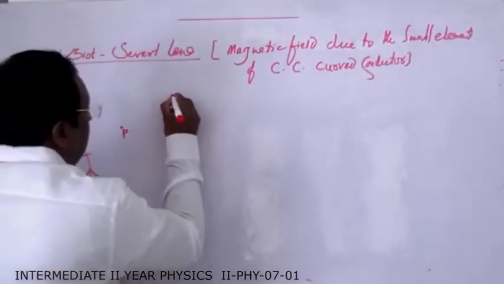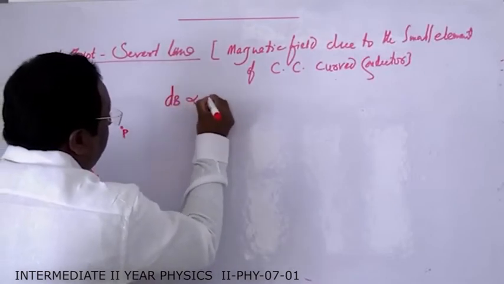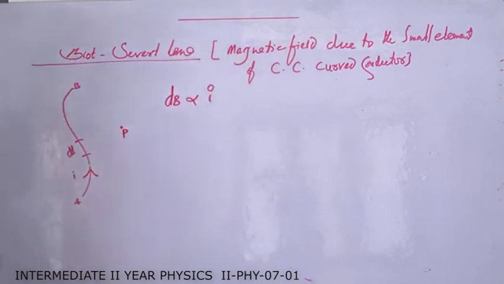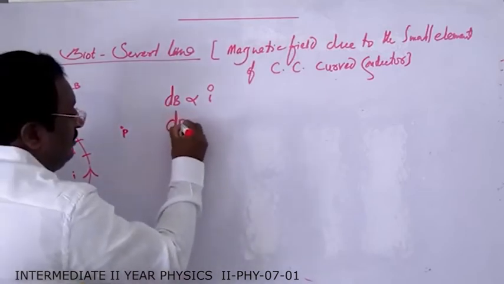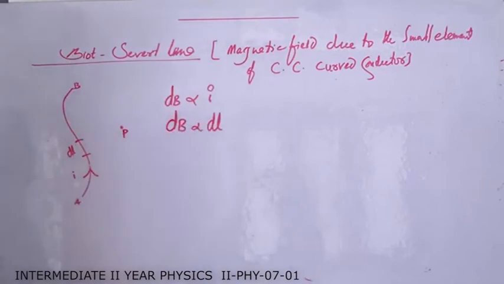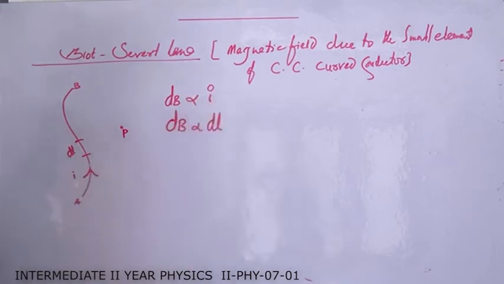Hence we can write the magnetic field due to the small element is directly proportional to the strength of the electric current. And it is also directly proportional to the length of the element. It depends upon both. I into dl is called the current element.